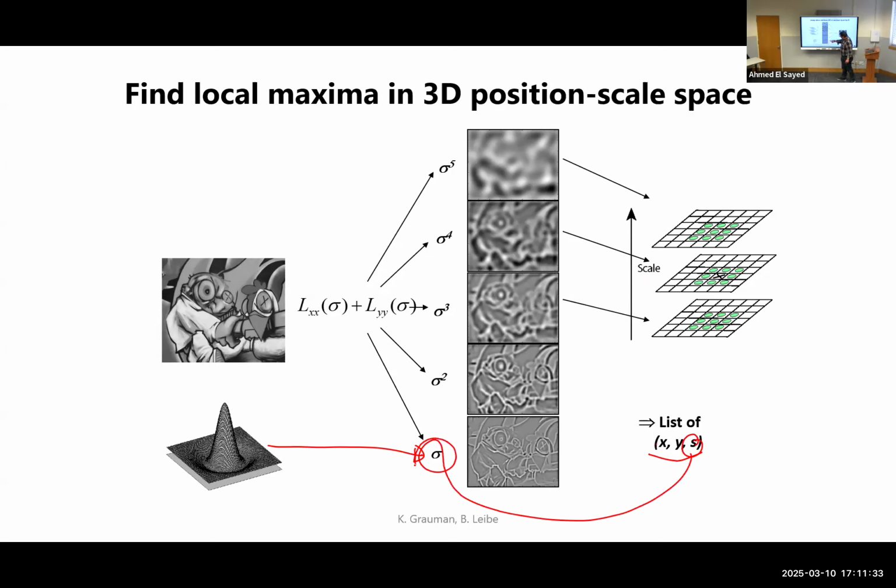Then I will generate Laplacian of Gaussian value on square rooting the sigma. This means I'm increasing the sigma. Then find also X and Y and S at that. Then cube it. Find the maximum and minimum.